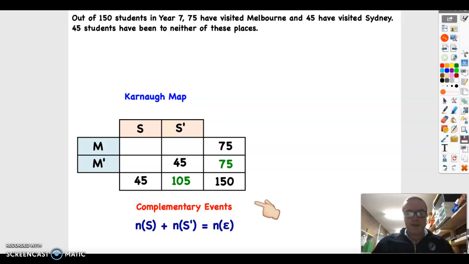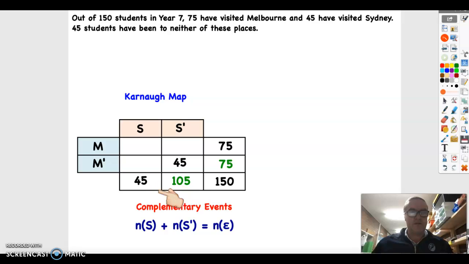Just by way of notation, you can see here I've solved the fact that 105 students have not been to Sydney, and I knew this because 45 have been to Sydney and there's 150 students altogether. So this is an example of what we call a complement.